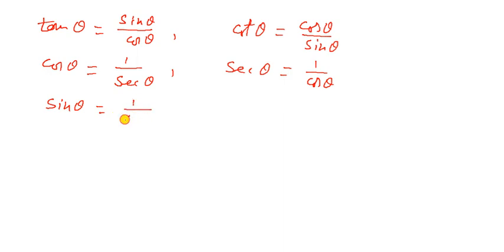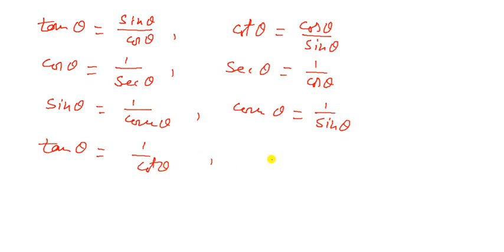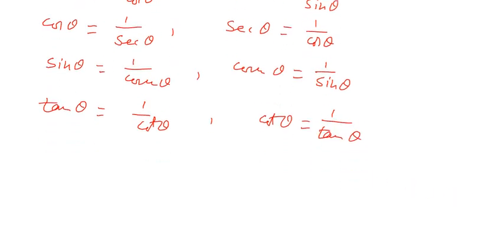Here sin theta is equal to 1 upon cosec theta, and vice versa, cosec theta is equal to 1 upon sin theta. Similarly, tan theta is equal to 1 upon cot theta, and cot theta is equal to 1 upon tan theta.